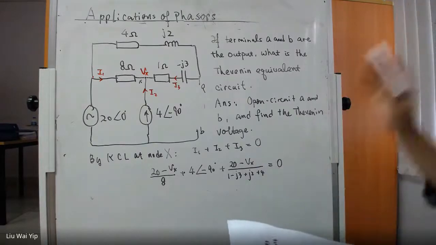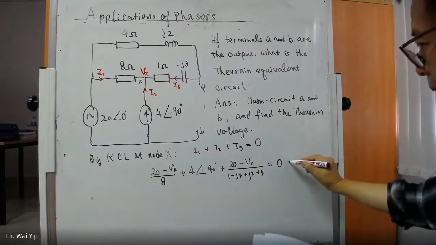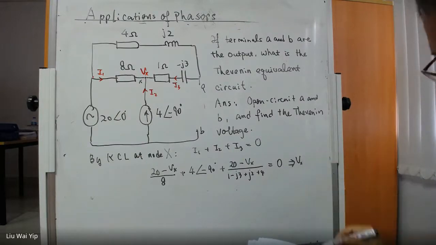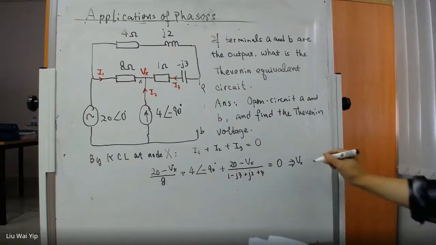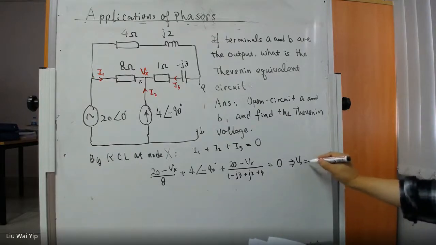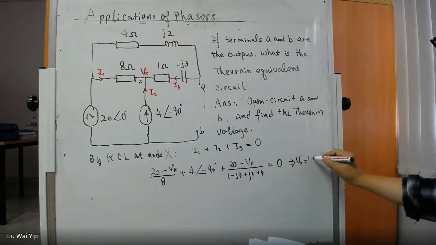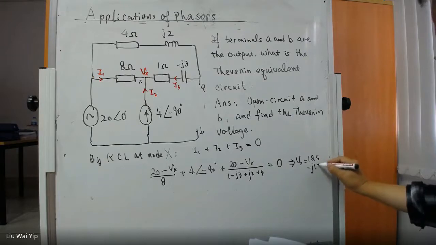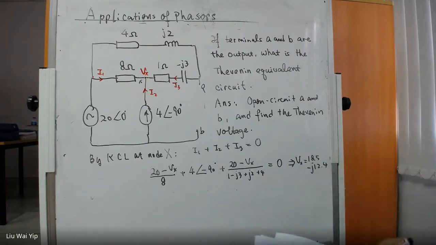If you do it carefully, you will end up with Vx equal to 18.5 minus j0.4. So this is the value of Vx you are going to get.